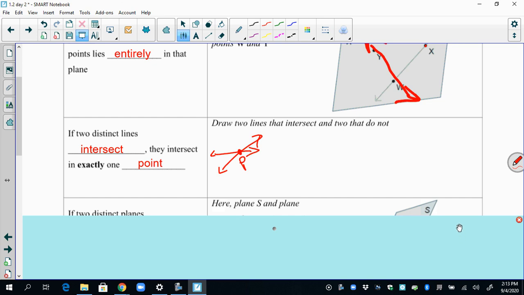Can you draw 2 lines that don't intersect? Do you remember what those are called? Those would be parallel. Parallel lines don't intersect.